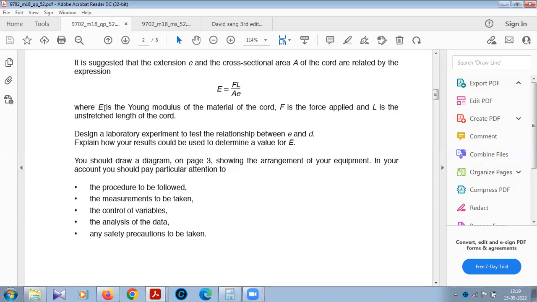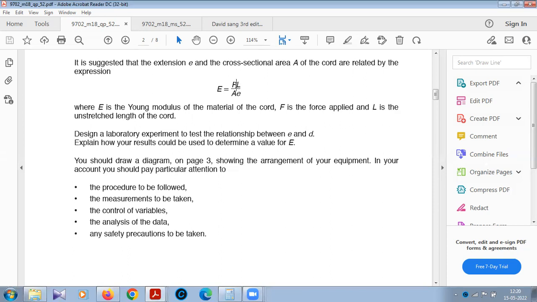So I will take the same material and the same length of the string of the material. But I will vary the diameter. That means I will take rubber of different diameters, of the same length, say 50 centimeter or 10 centimeter. So I will keep L constant.